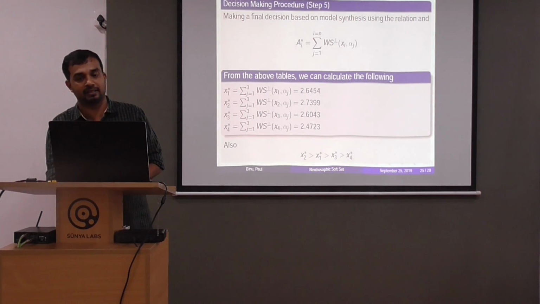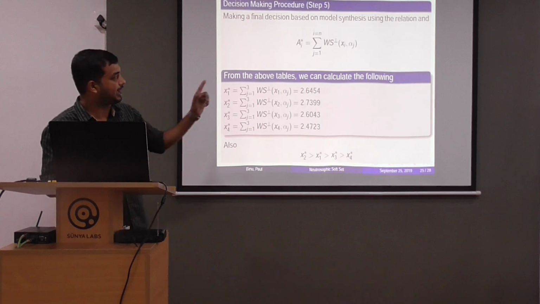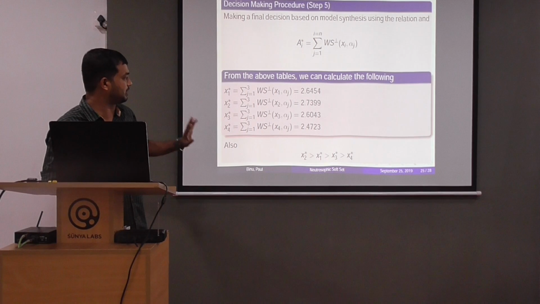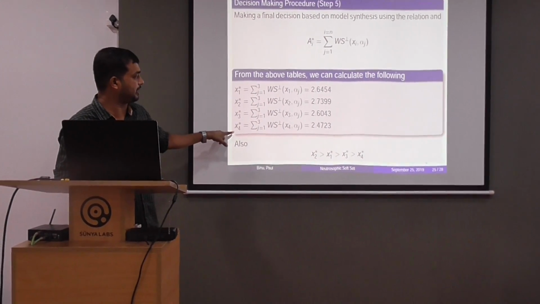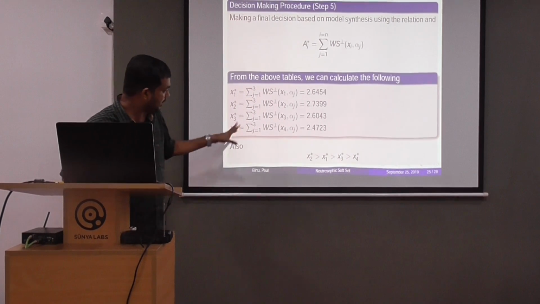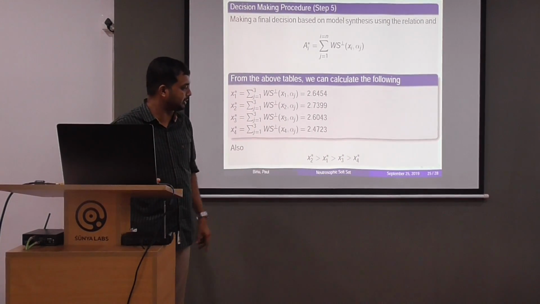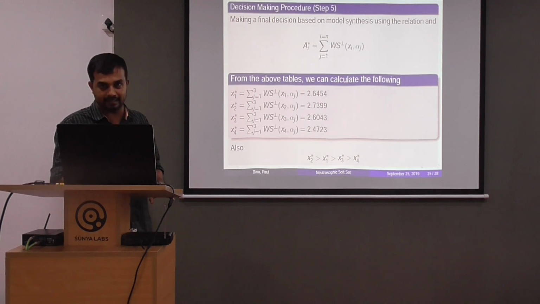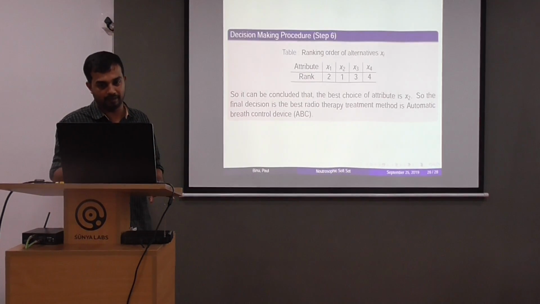based on model synthesis using the relation ai star we already mentioned. Then the calculations are x1 star, x2 star, x3 star and x4 star like this. From this we can deduce x2 star greater than x1 star greater than x3 star greater than x4 star.